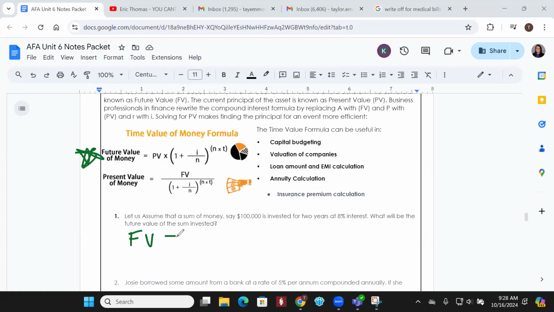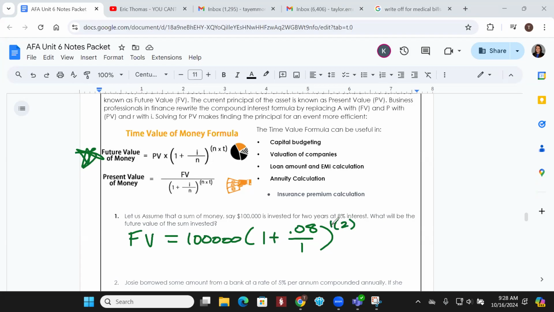So future value is equal to, how much is it right now? 100,000 times 1 plus 0.08. And we're going to divide it by 1 because it's happening annually, right?